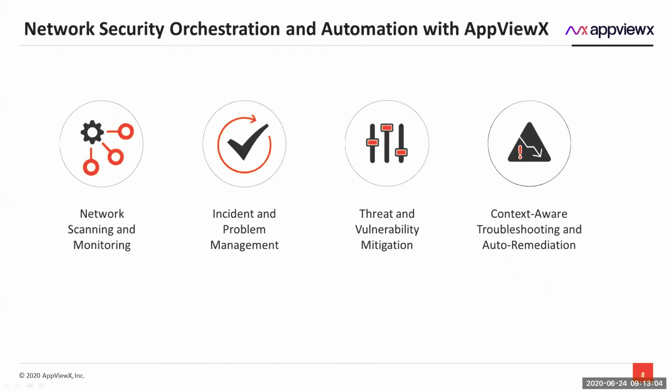Now, the network security orchestration and automation with AppViewX basically breaks down into 4 components or topics. There's the network scanning and monitoring, the ability to manage and communicate with devices within your infrastructure. Those devices could be firewall security gateway appliances.